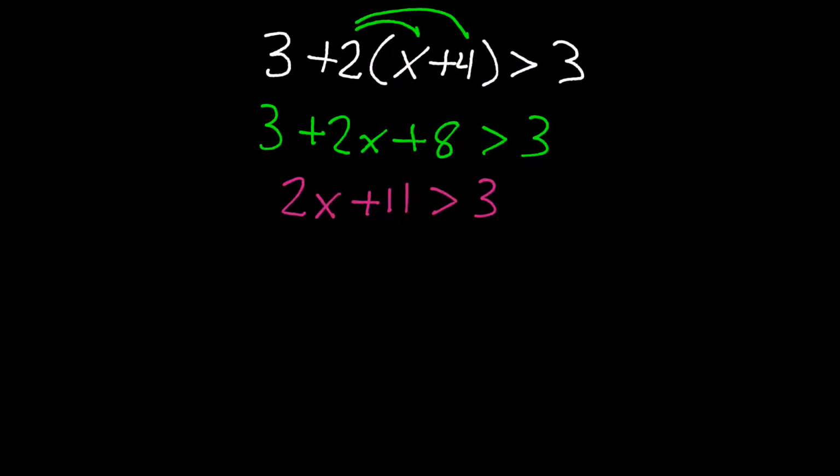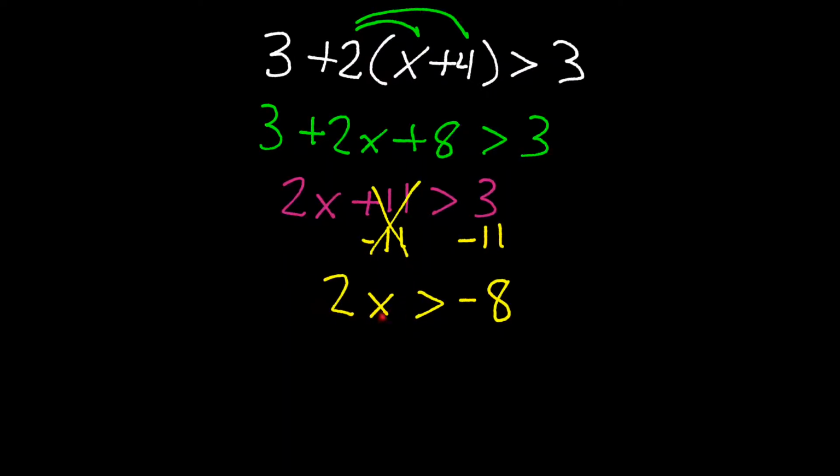The inverse operation of addition is subtraction, so I will subtract 11 from both sides. Plus 11 minus 11 is 0. So I am left with 2x is greater than 3 minus 11, which is negative 8.